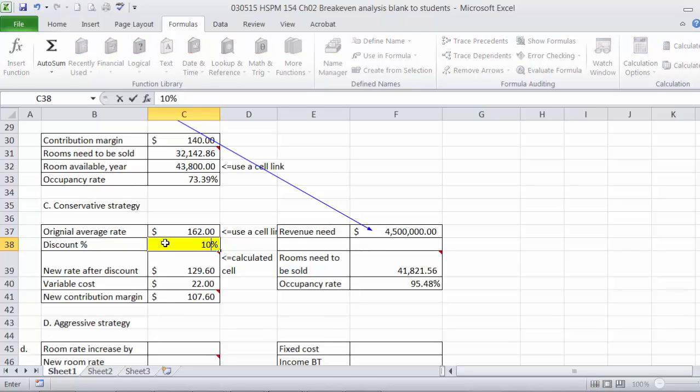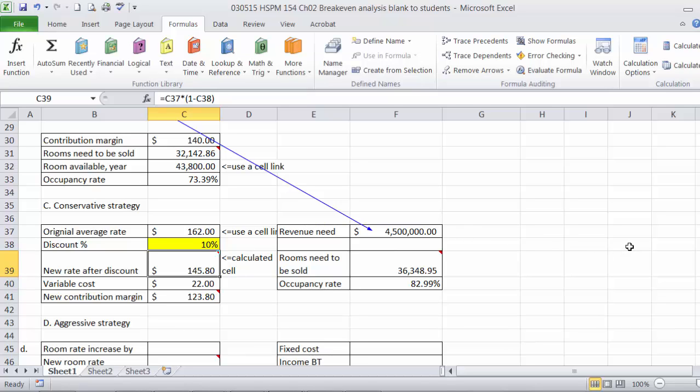That's only 10%. If you only lower the price by 10%, that will lower your occupancy rate to about 83%. So now you see the benefit of using Excel to do this.